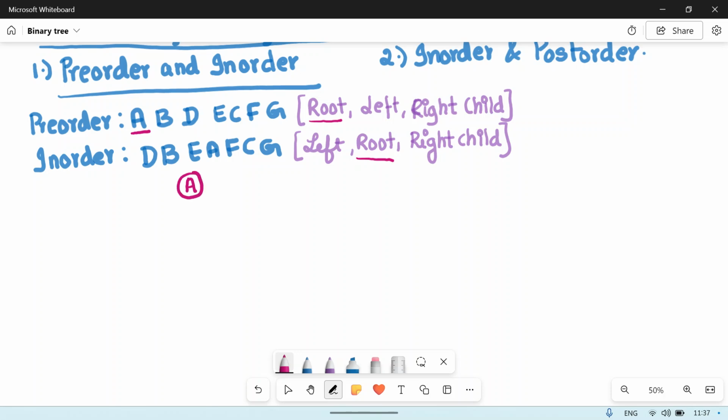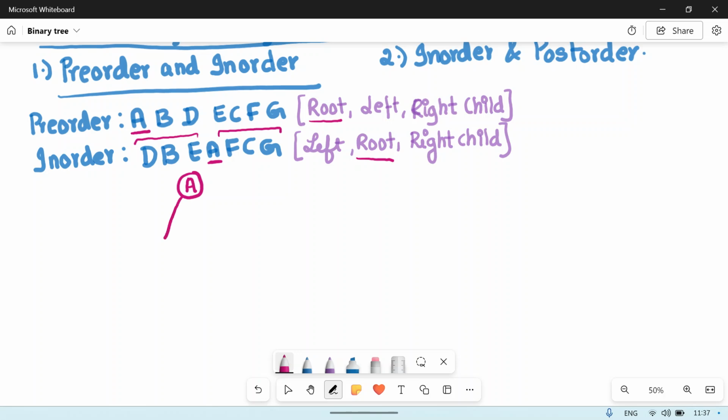So first step is you have to identify the root. In case of preorder, root always comes first. So I am taking A as the root. You understood, right? So A in inorder is over here. Left will be everything that is to the left of your root and right child will be everything to the right of the root.